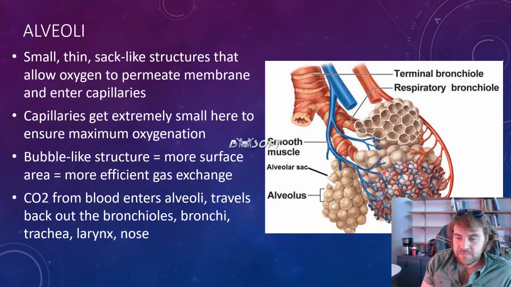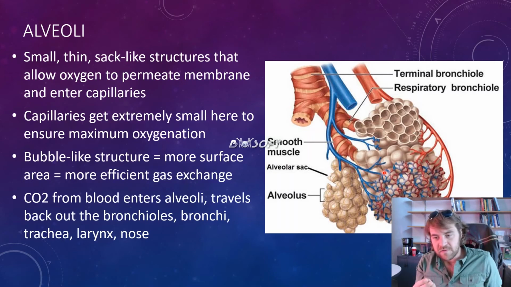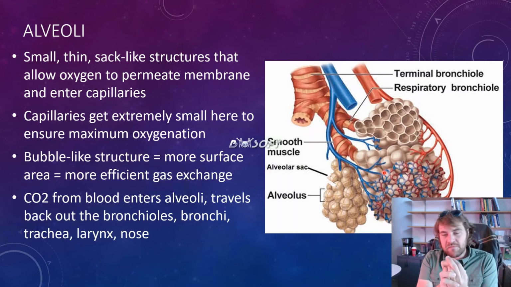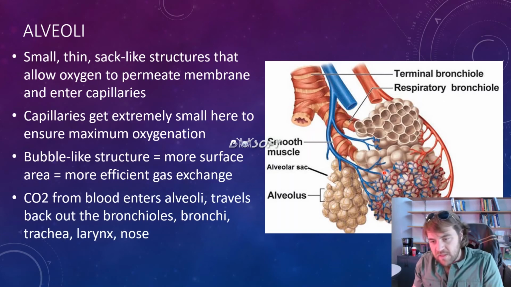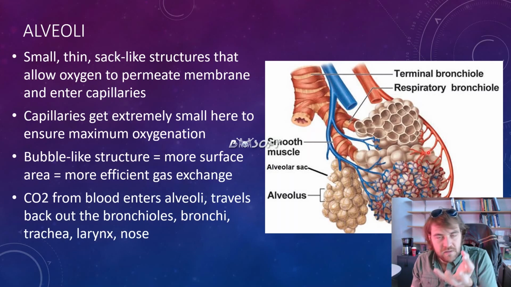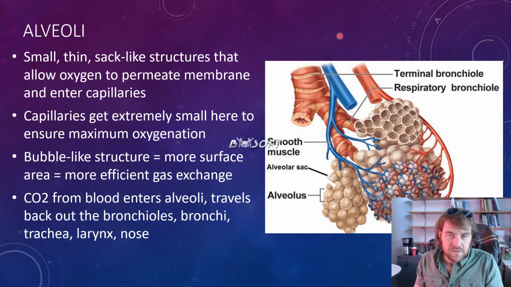Anyway, the epithelial layer is so thin that the oxygen can diffuse from the air through the epithelial layer and into the capillary. The iron in the unoxygenated blood grabs hold of the oxygen. Then it moves out of the area, back into larger capillaries, and moves up and through the body.